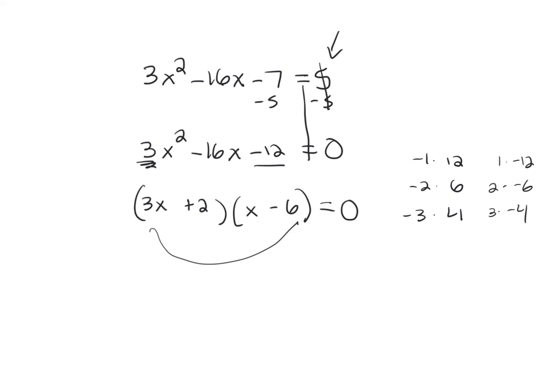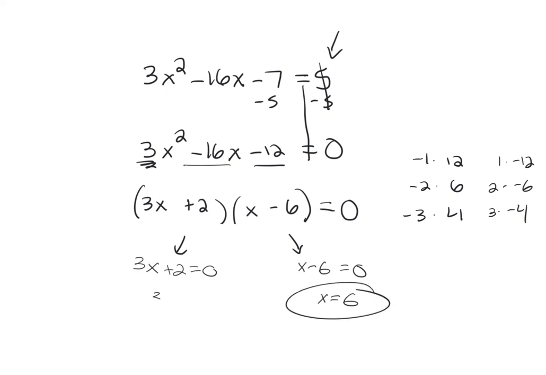Negative 18 plus 2 gives me the negative 16. So either 3x plus 2 equals 0 or x minus 6 equals 0. So this one will just be x equals positive 6, 3x equals negative 2, and then divide, x equals negative 2/3. So there is your full video on solving quadratics by factoring.